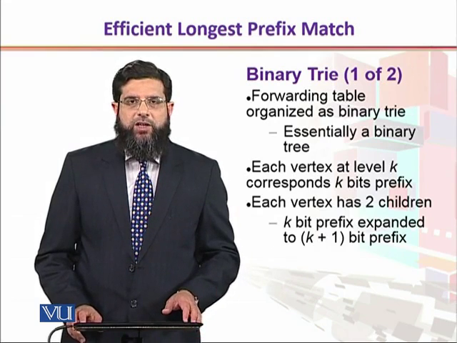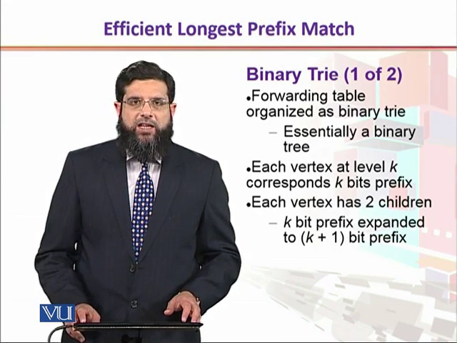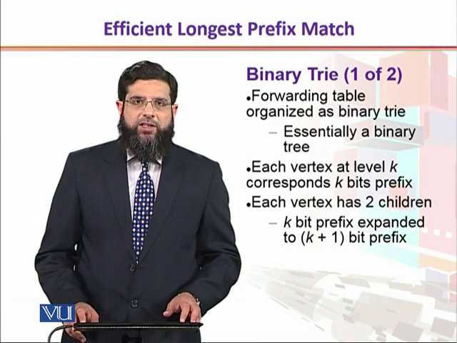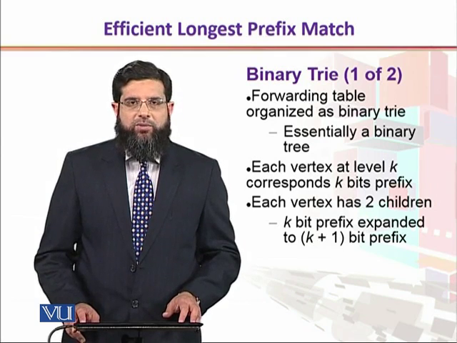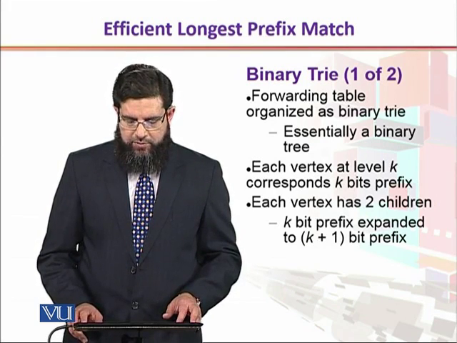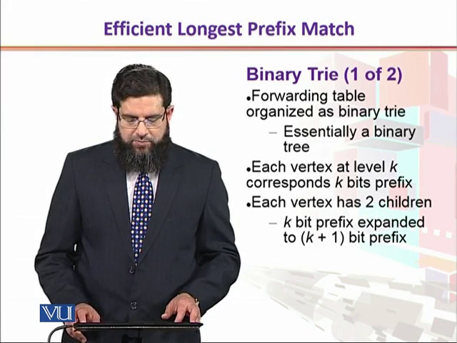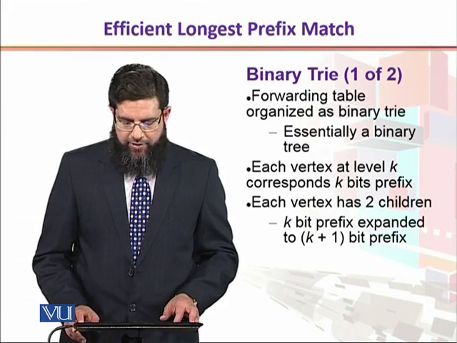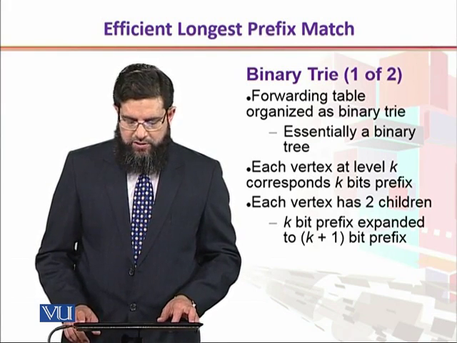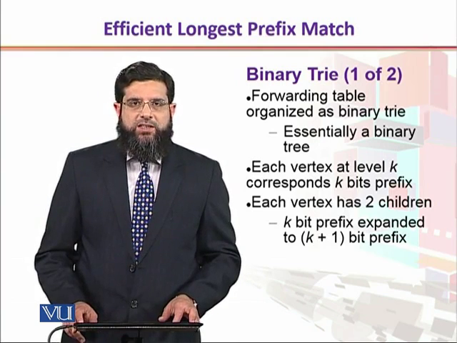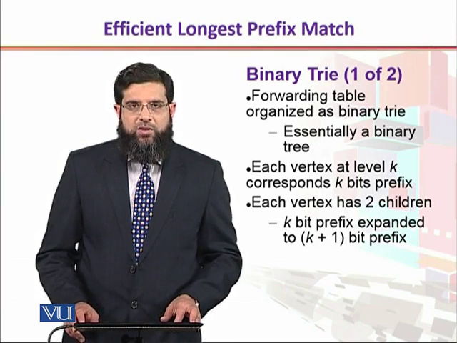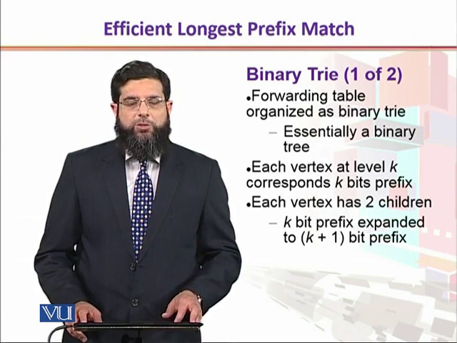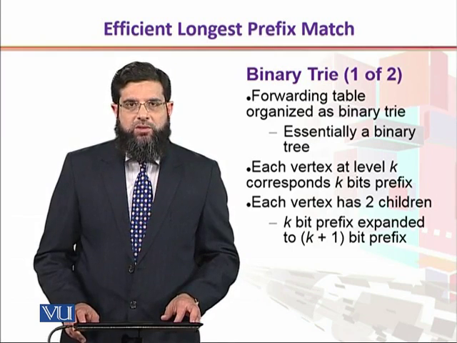The scheme adopted in longest prefix matching as an enhancement or improvement is to go for binary tries. A binary trie actually is a binary tree that organizes the routing table entries in the form of a binary tree such that the vertices of the binary tree at various levels, for example, at the kth level, correspond to the kth bit.